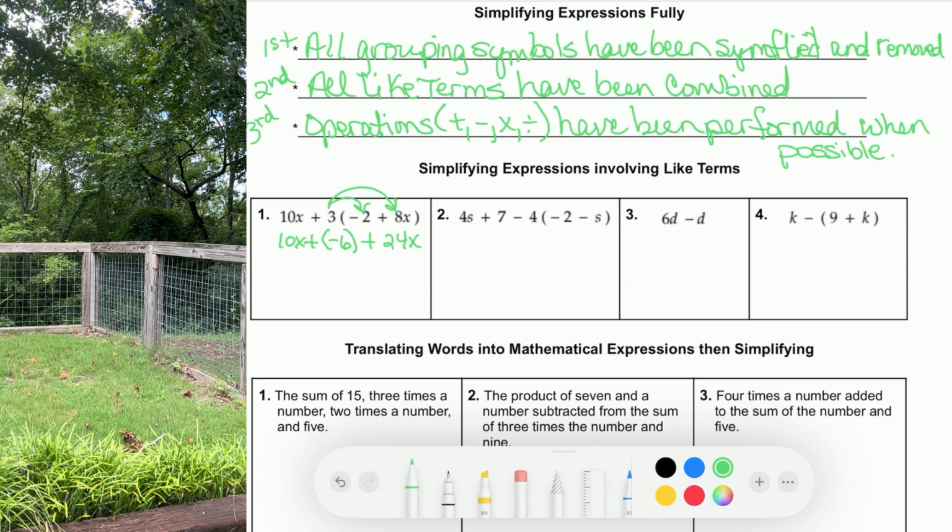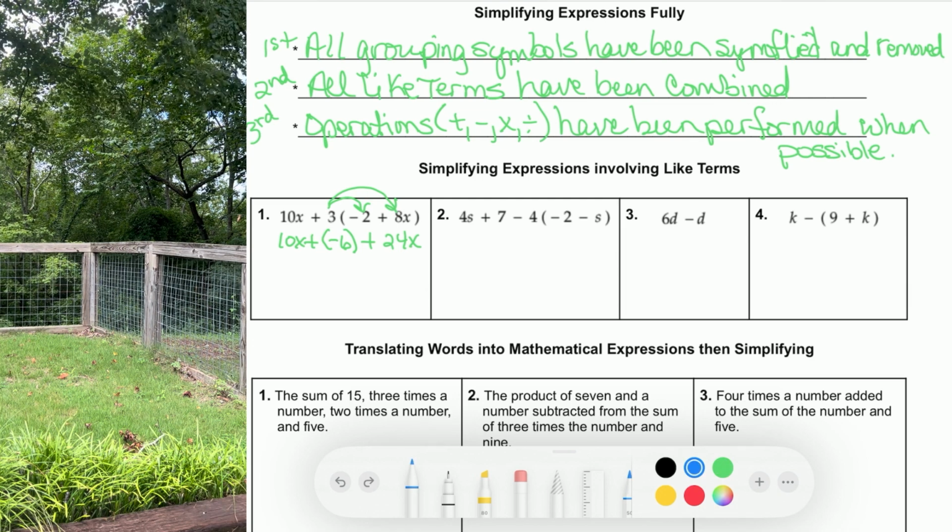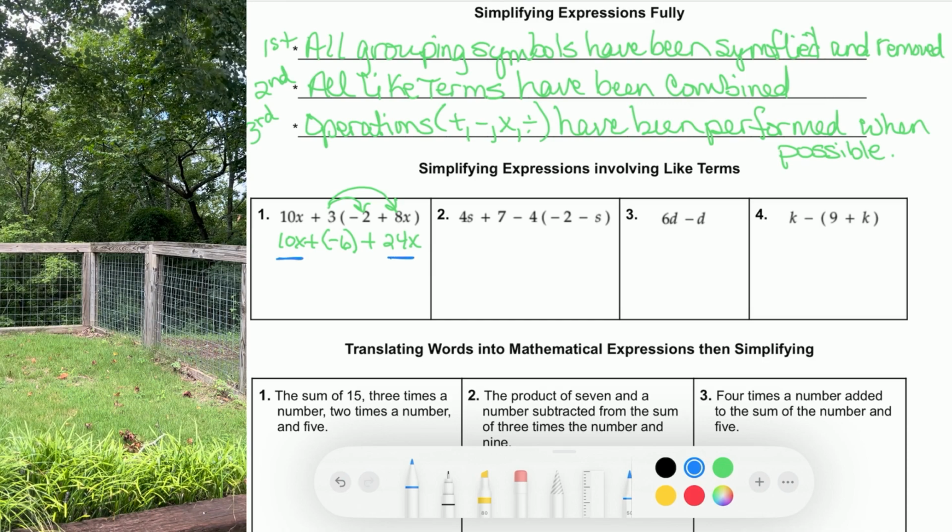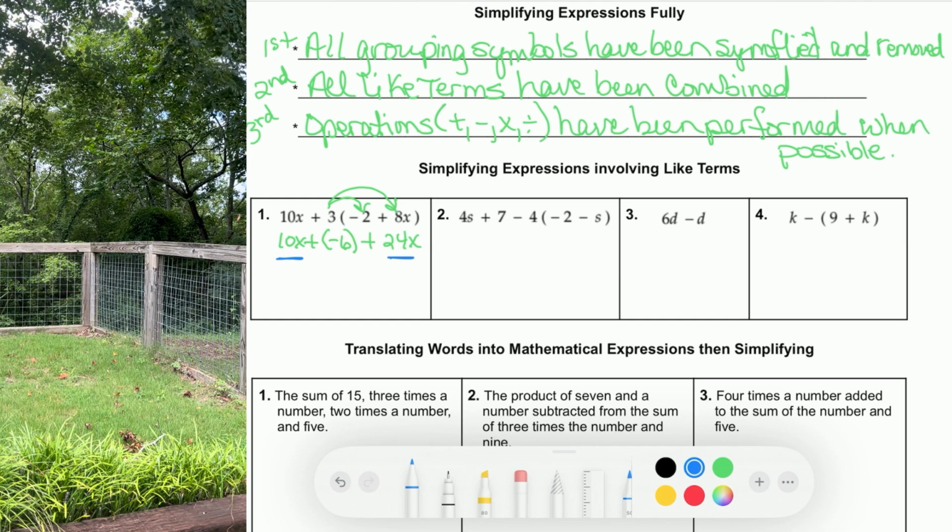I have to figure out what are like terms. Well, the terms that are alike are the 10x and the 24x. So I can combine those. So 10 plus 24 is 34, and I keep the x. I can't combine anything with a -6, so I just end up with plus -6. And that is my answer.